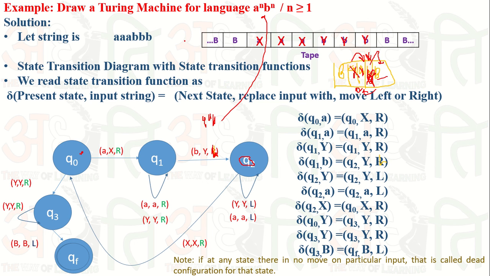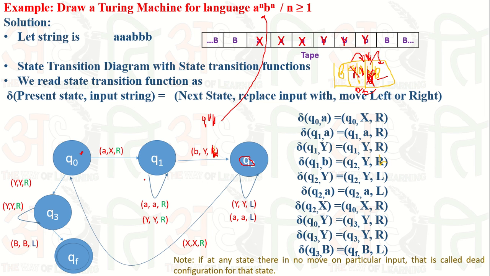If the string is not in the language, then it halts at another state rather than the final state. When a string stops at a non-final state, that state is called a dead configuration.